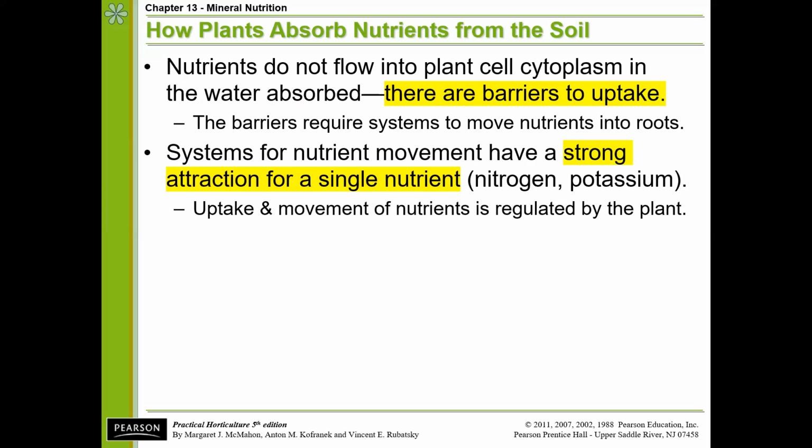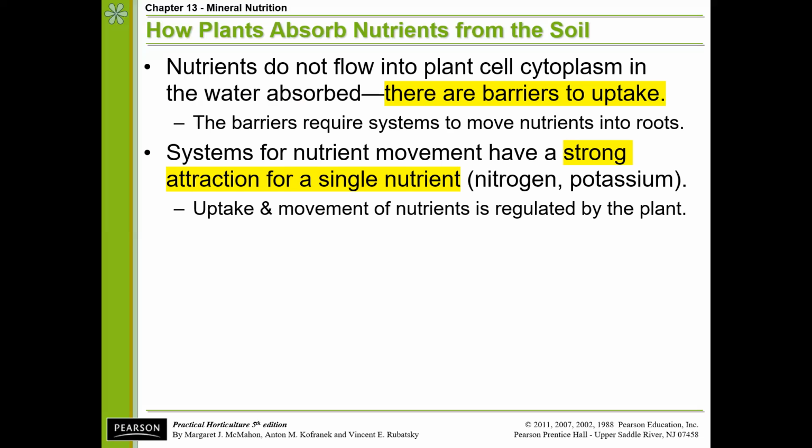And that starts from the root. There's membranes in the root so that they are allowing only particular things in. Don't want to just let anything in there, right? Then you could get bacteria and fungi, diseases, all that good stuff. So they have these membranes so that they can carry a single nutrient at a time and move it into the plant and then throughout it.